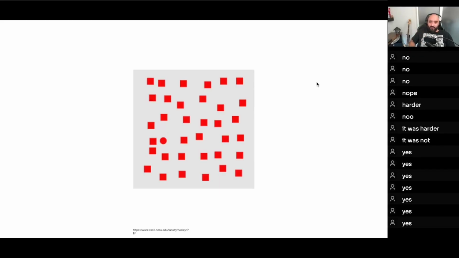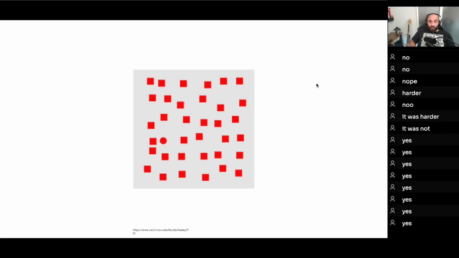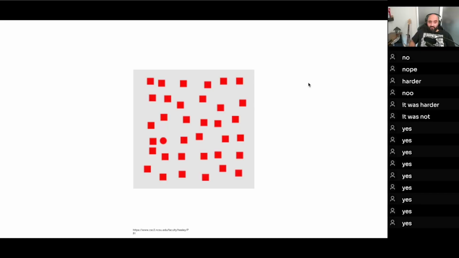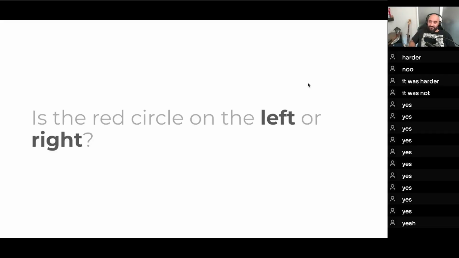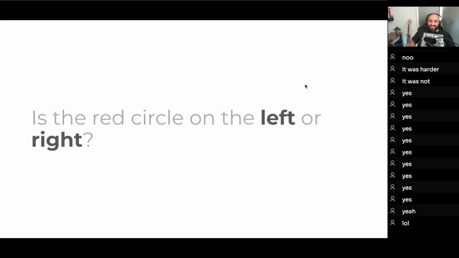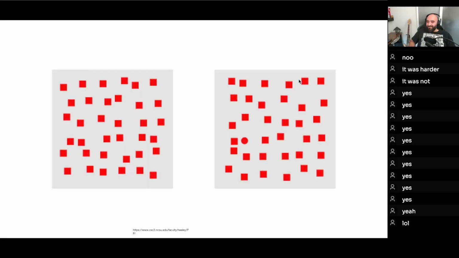Yep. Was it easier than the first one? I don't think so. Anyways. Okay. Is the red circle on the left or on the right? Cool. Yep.